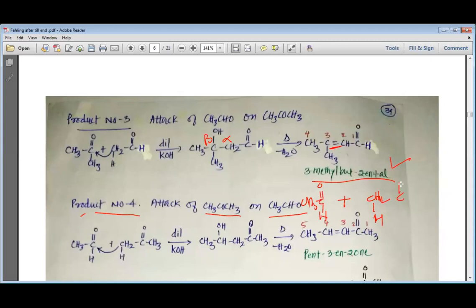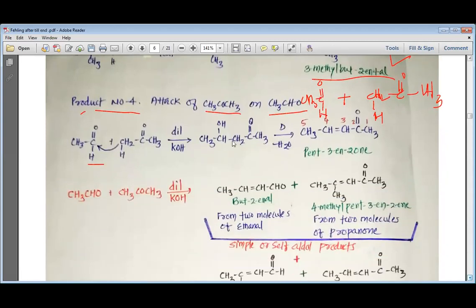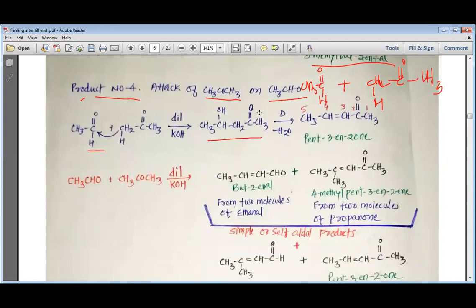So we can write it this way. We can use either of the CH3 groups of the acetone, and that is why we get the same product. So you can see here on the ethanol, there will be an attack of the alpha carbon of the propanone, and due to that we get a product. You can see we can give numbers in this way.